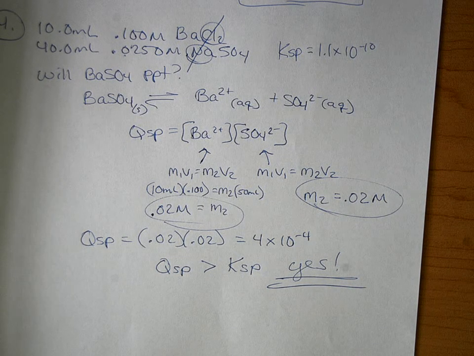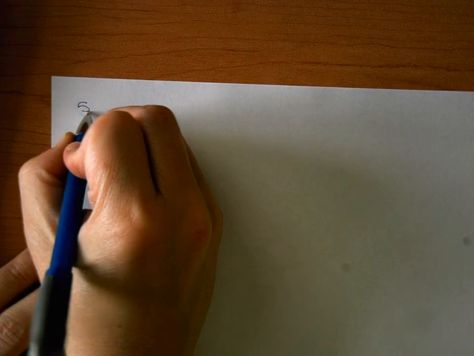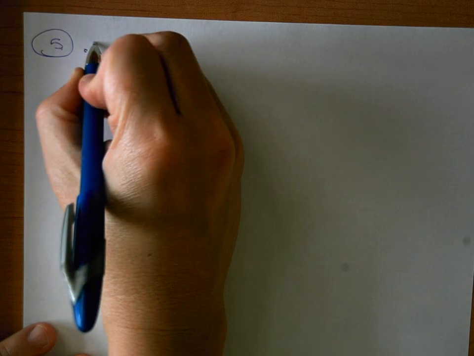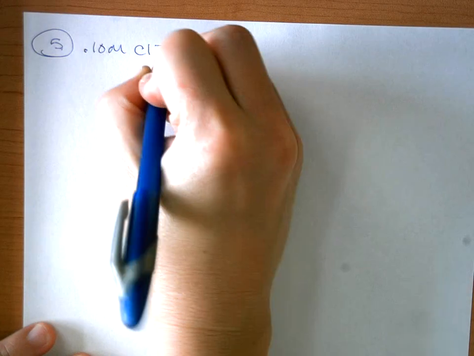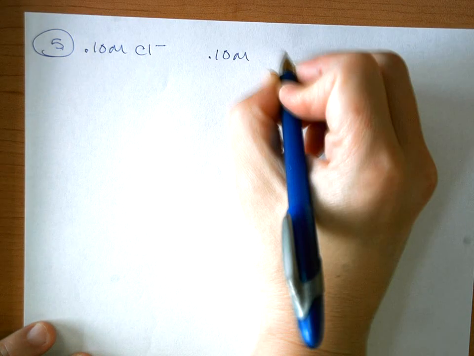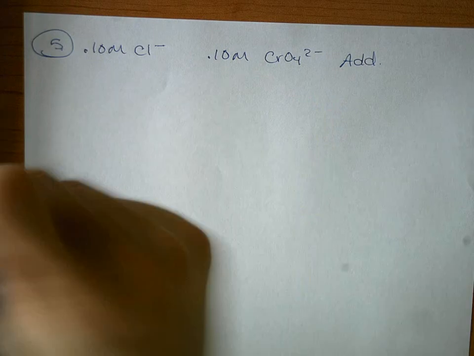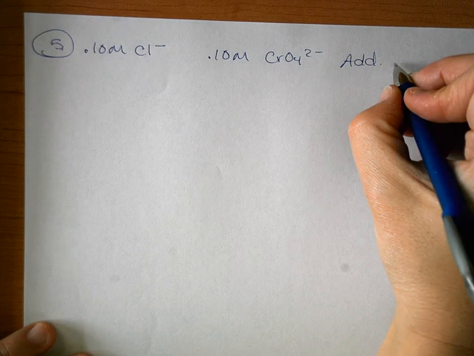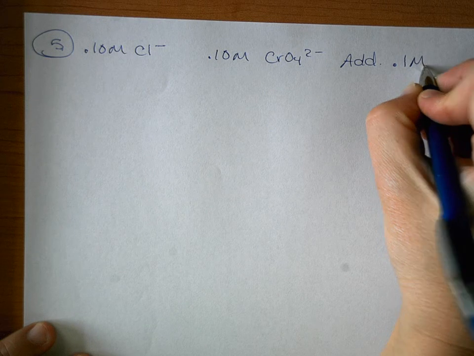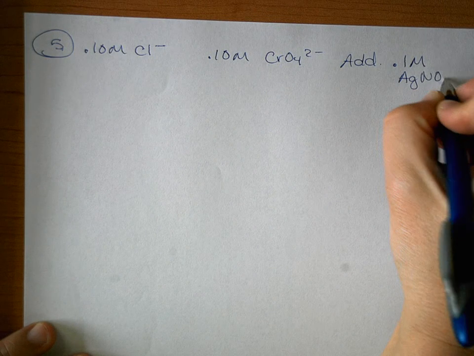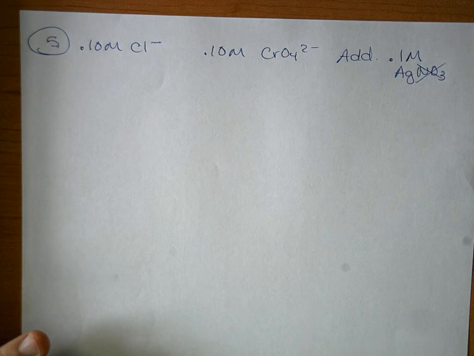All right, last one is figuring out which precipitate will form first. This is number 5. I have 0.1 molar of chloride ions. I've got 0.1 molar of chromate ions. And that's all in the same solution, and I add 0.1 molar of silver nitrate. Okay, so really I'm adding silver ions to this.